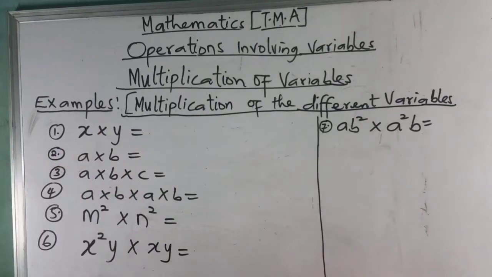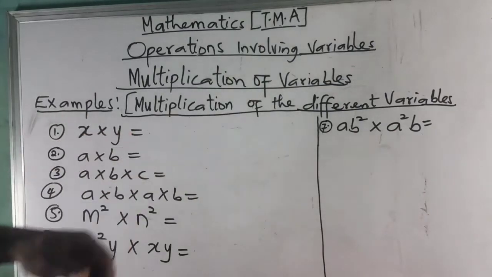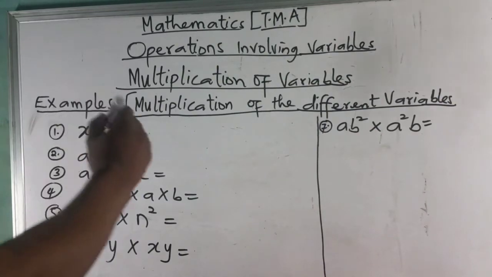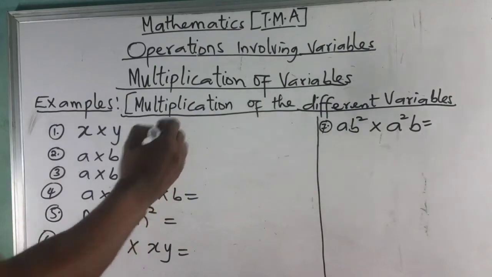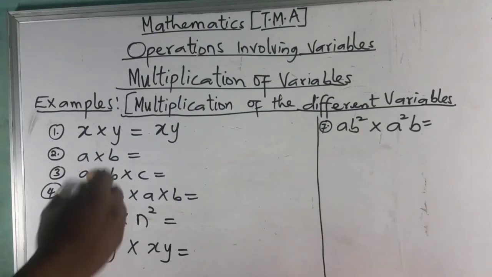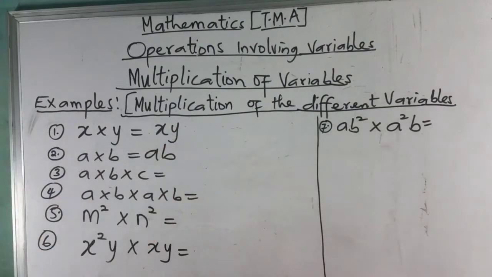Now the law says that when you are multiplying different variables, they come together as one. For example, x times y, because they are not the same, not related, so we write xy. The same thing is applicable to other variables like a times b, that is ab.